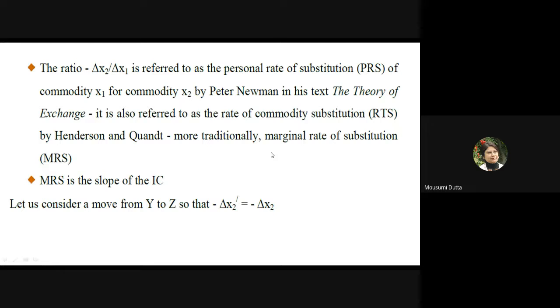More traditionally, we call it marginal rate of substitution, MRS. This MRS indicates the slope of the indifference curve.